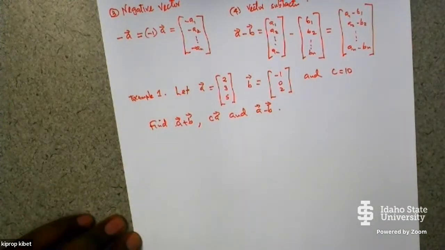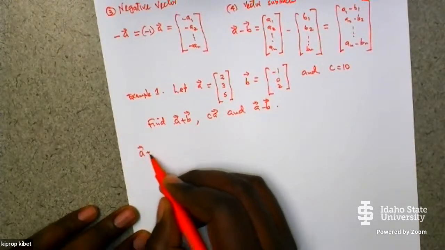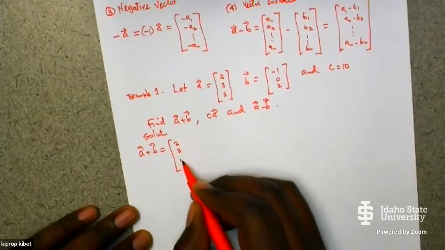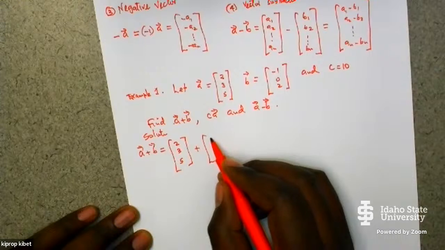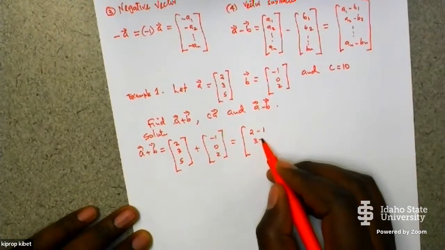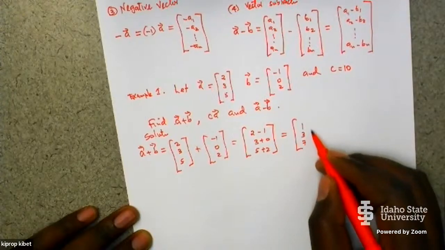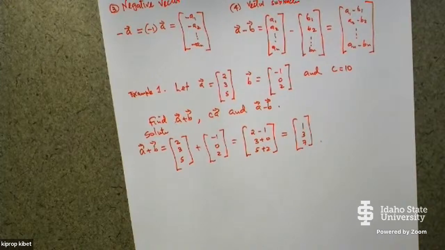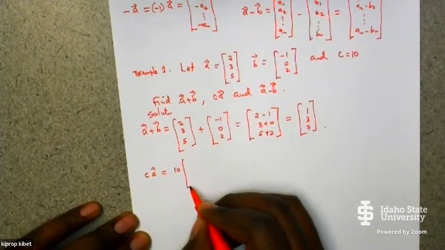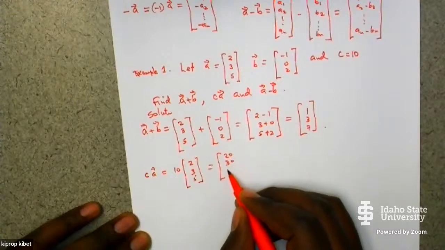Using the same procedure that we did in the operations, A plus B is equal to (2, 3, 5) plus (-1, 0, 2), which is (2 minus 1, 3 plus 0, 5 plus 2), giving us (1, 3, 7). c multiplied by A is 10 multiplied by (2, 3, 5), which gives us (20, 30, 50).